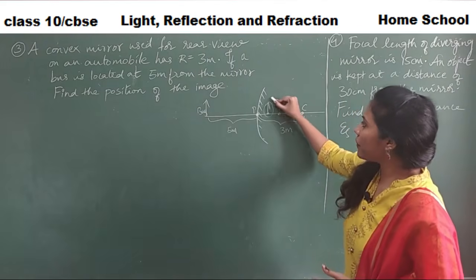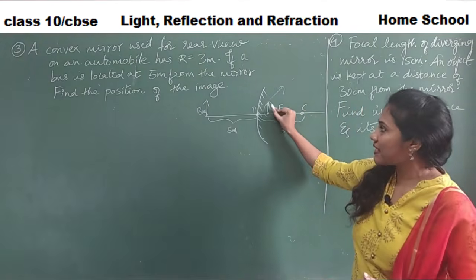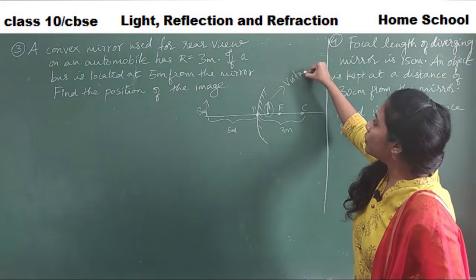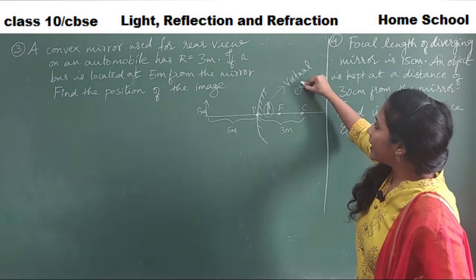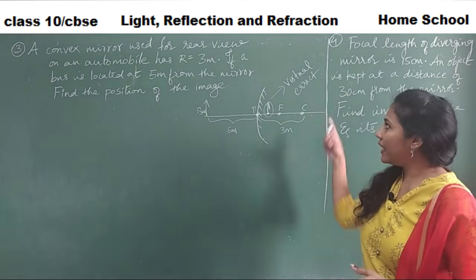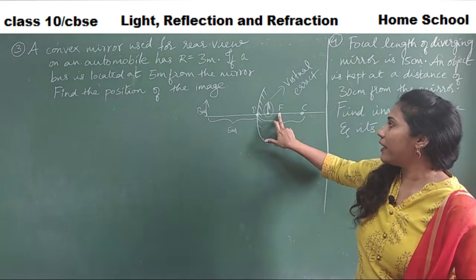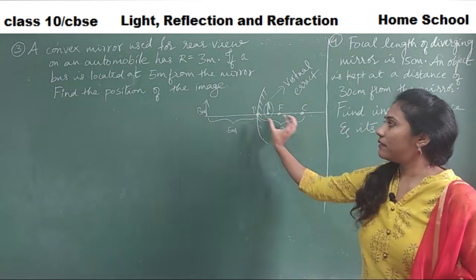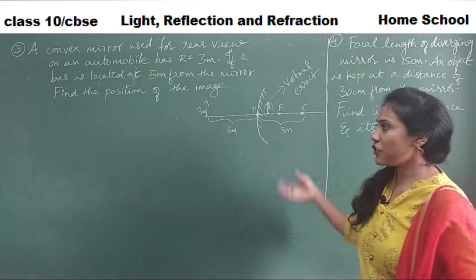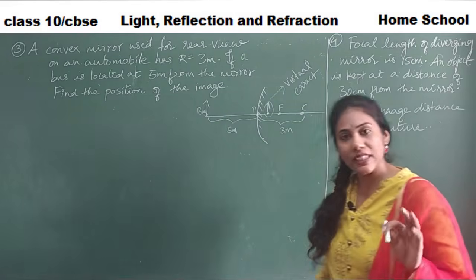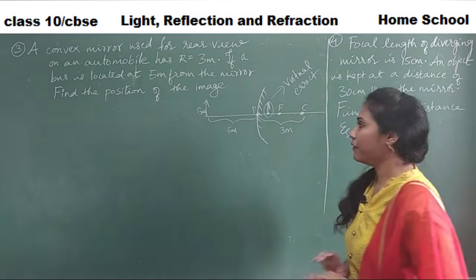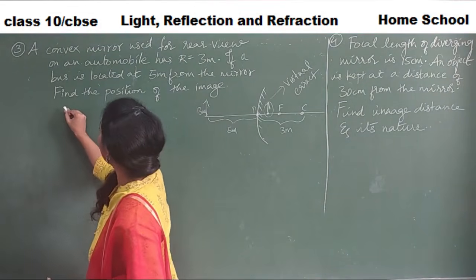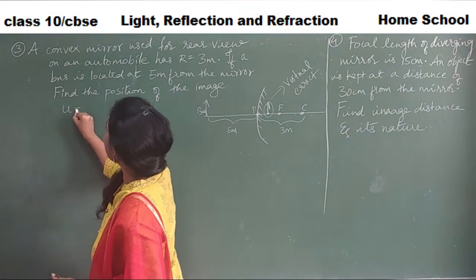Okay, so this is where you get the image. What is the nature of the image? Definitely, since it's a convex mirror, the image is formed behind the mirror. So the nature you got to know, it is virtual and erect. Okay, a virtual and erect image you will get between the focus point and pole, but exactly at what number you get the image has to be calculated with the mirror formula. Okay, fine. What is the given information here? Say the object distance u is given.